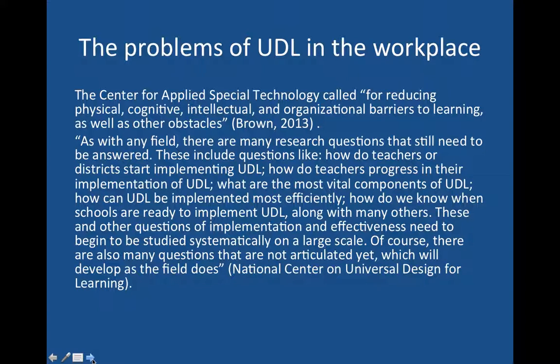These include things like, how do teachers or districts start implementing UDL? How do they progress in their implementation? What are the most vital components? How can UDL be implemented most effectively? How do we know when schools are ready to implement it, among other things? All of these questions have to be studied, and we don't necessarily know all of the answers yet.